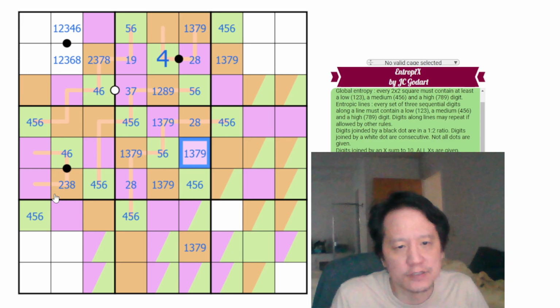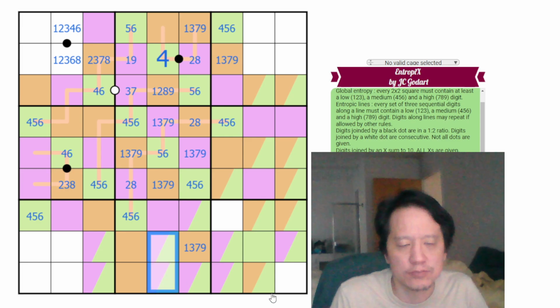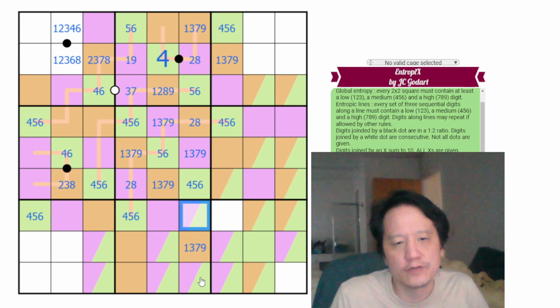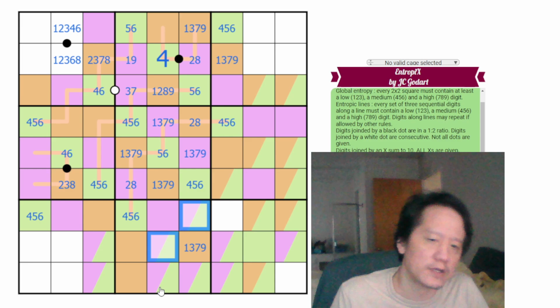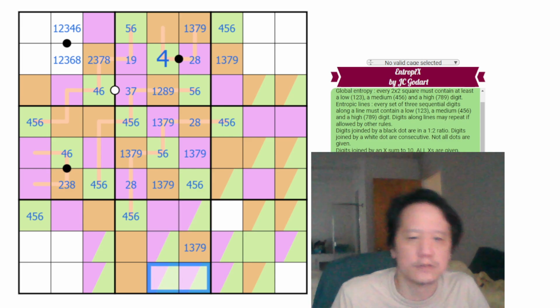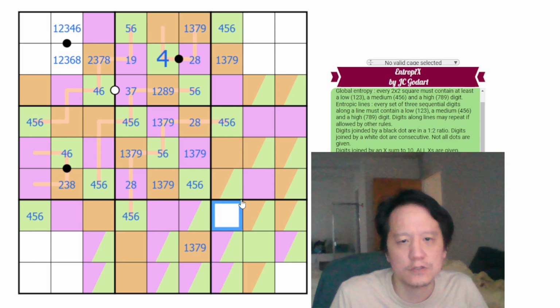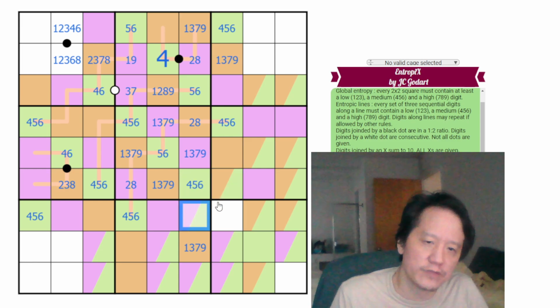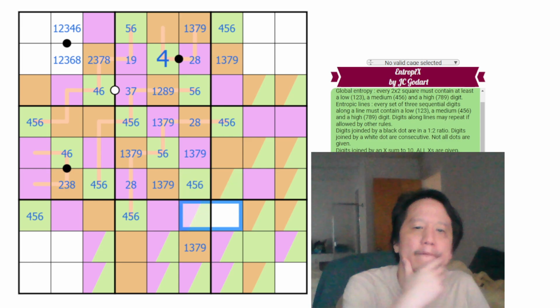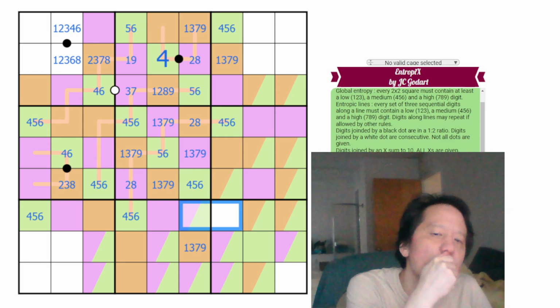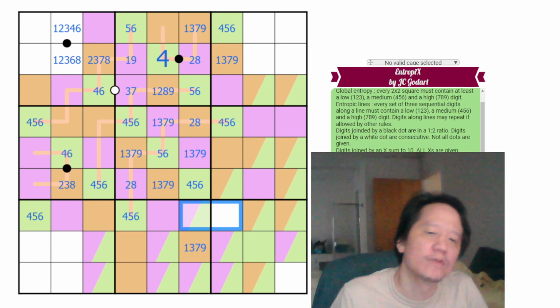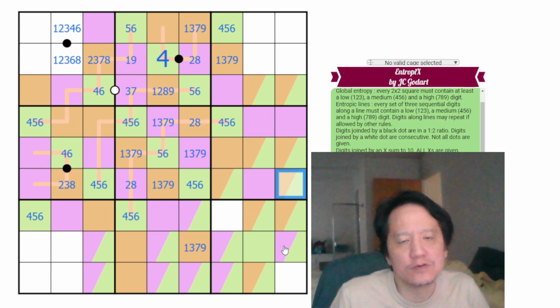Not sure if that helps us anything. One of these is green, one of these is pink or purple. One of these is green, one of these is purple. One of these is green. This one we don't know. We know one of these is orange. We know one of these is purple. One of these is orange.